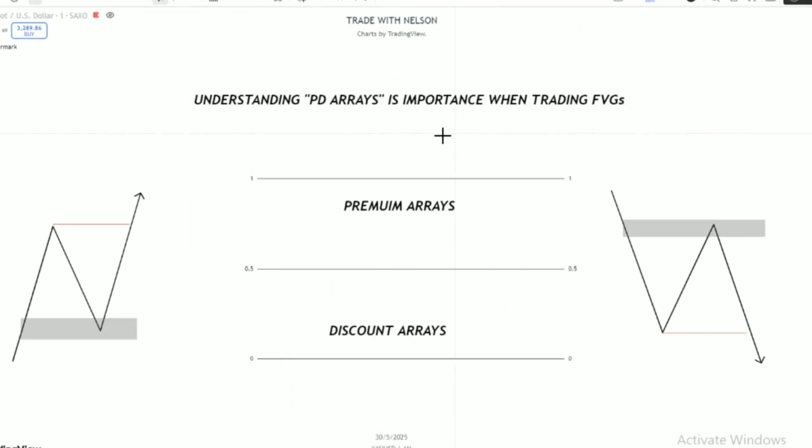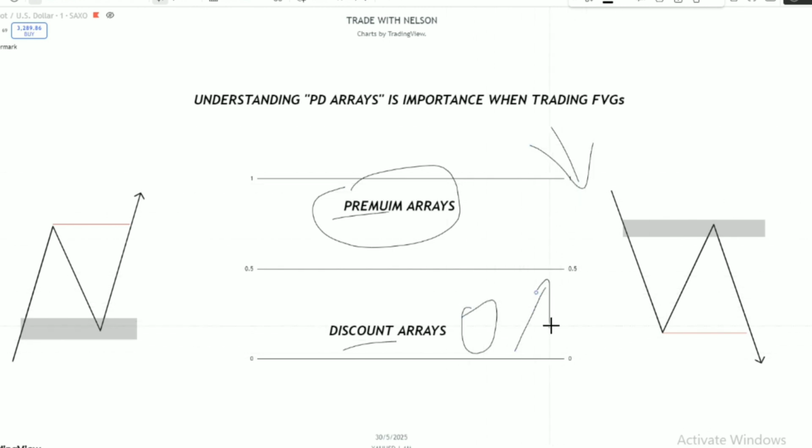Understanding PD arrays is very important when trading fair value gaps. PD array means premium and discount array. The premium array sends the market to the downside and the discount array sends the market to the upside. So let me use this for my example. Let's say we have the market coming to the downside, straight to the upside.